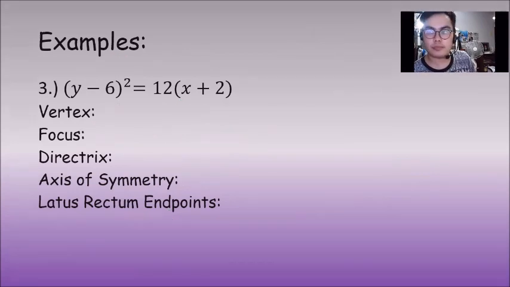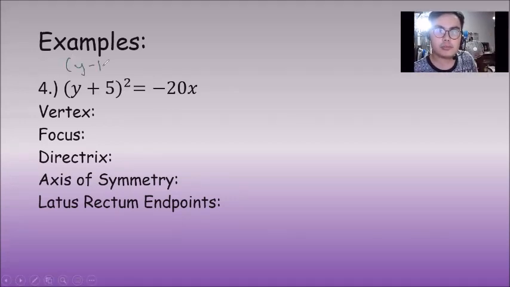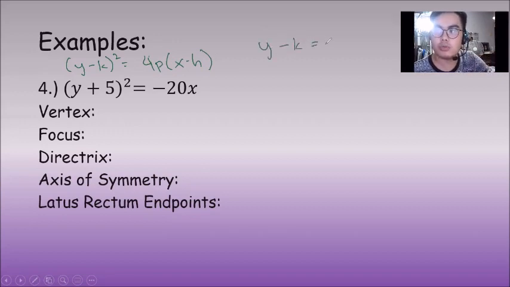So last but not the least, since we have y squared, we can tell that the parabola is horizontal. So now we're going to equate y minus k with y plus 5 in order to get the k of the vertex.